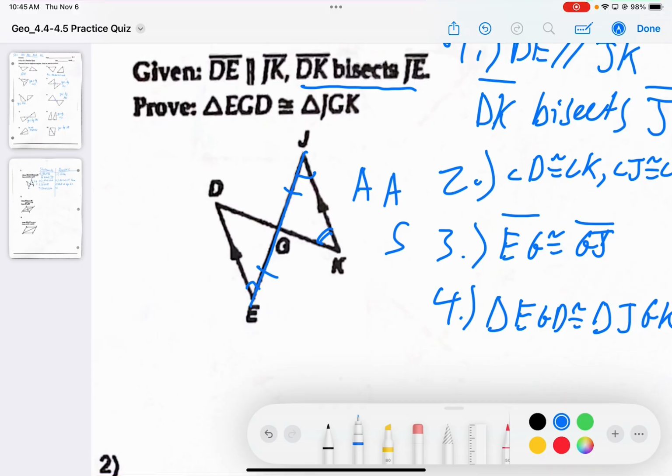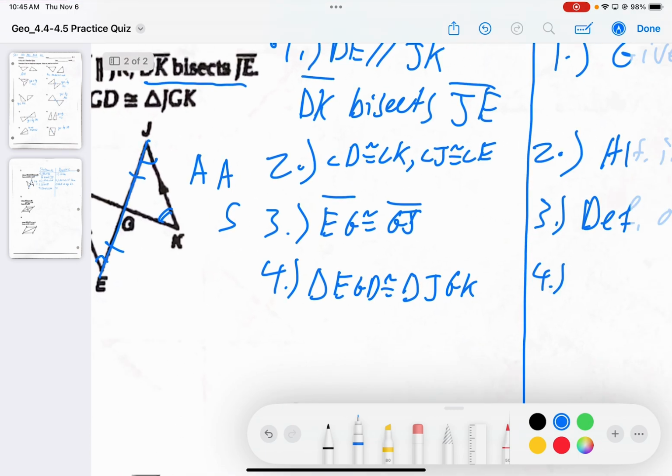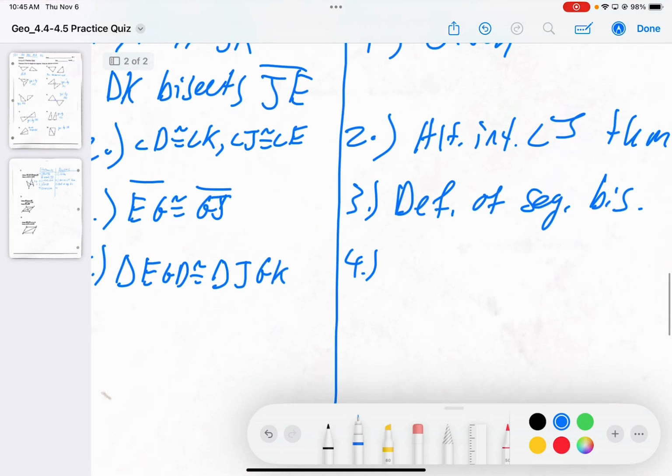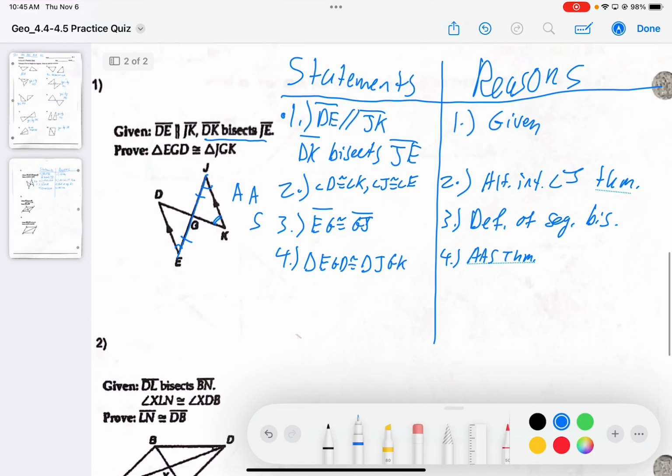We did two angles and a side. So my question is, is it angle, side, angle, or angle, angle, side? It's angle, angle, side, because the side is not connected to the two angles that I showed. Good. So I'd say angle, angle, side theorem. It's a four-stepper. All right?